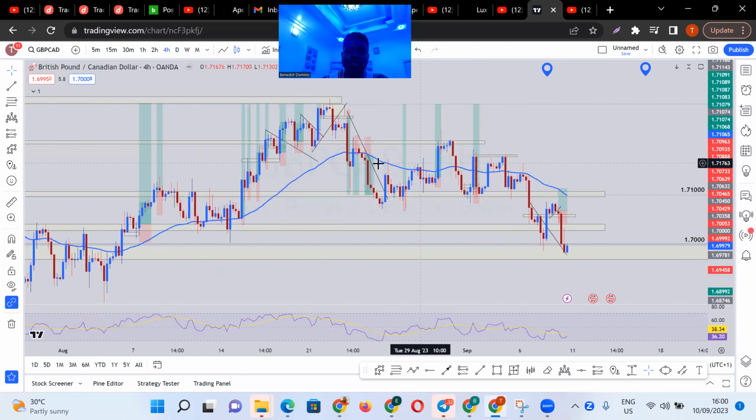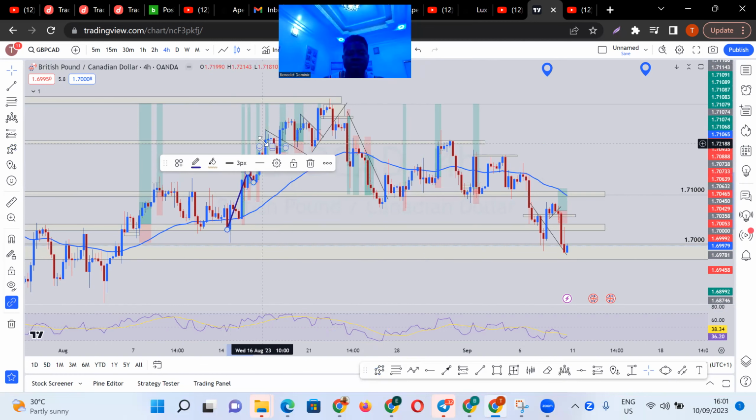So after checking the market structure, look on this 4-hour time frame, the market is making higher high, higher low, higher low, higher high.